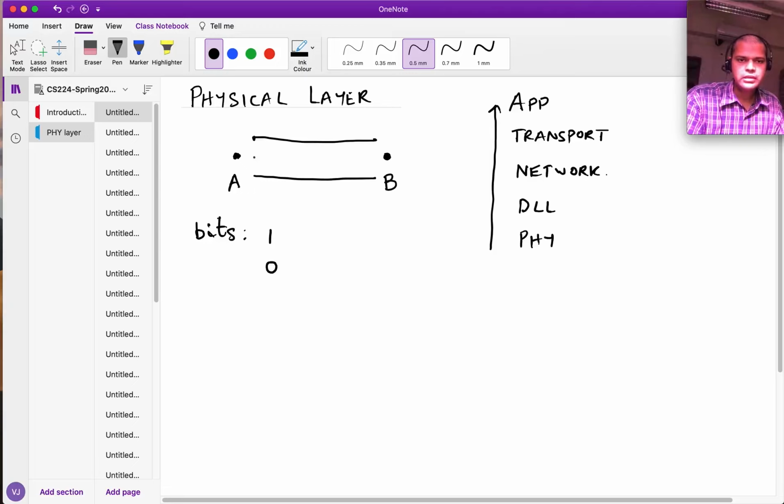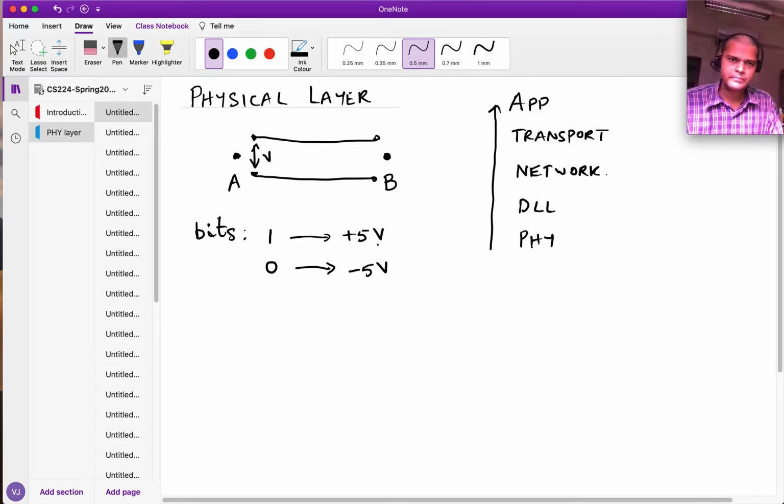So let's say that these are the two wires we send across, and A is going to change the voltage between these two wires and B is going to measure it over here, and by measuring the voltage he might be able to say what was transmitted. So let's say 1 corresponds to plus 5 volts and 0 corresponds to minus 5 volts, right? Let's say we change the polarity.